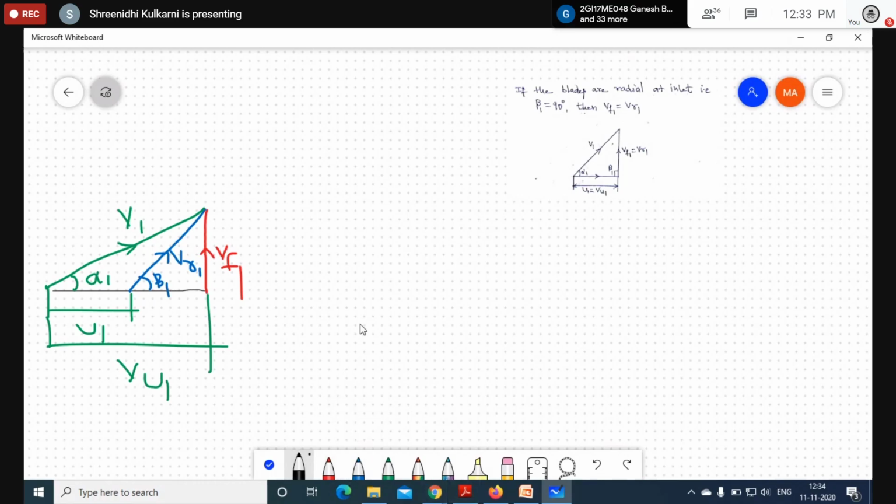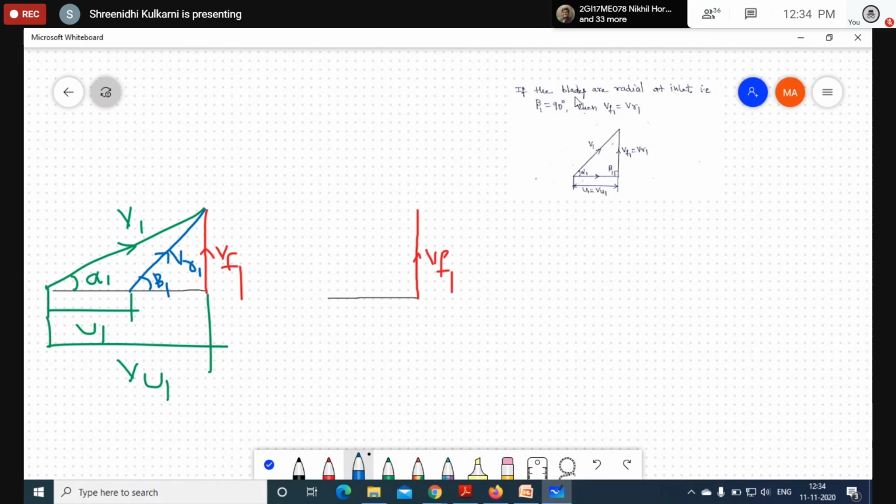So here I'm going to draw as per the condition. This is VF1. This relative velocity, because the blades are moving, with blade angle beta 1, with respect to relative velocity.